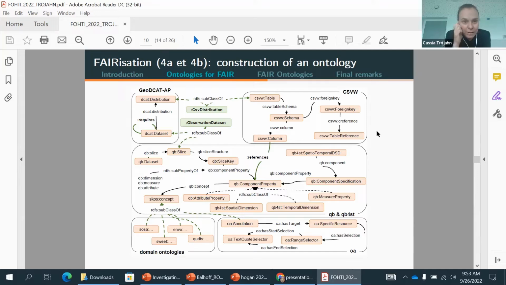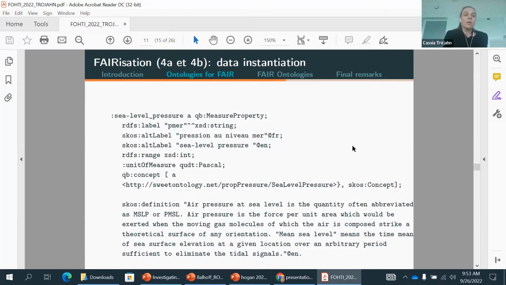Then next, you have an example of the instantiation. If you can go to the next slide, please. So for example, here you can see that PMER is one of the columns. This is the sea level pressure. You have described it with the unit of measure.